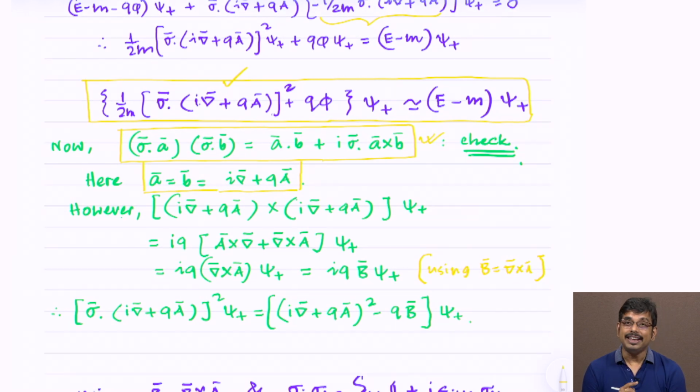Now, importantly here, usually whenever you have A equal to B, A cross B equals 0, but with A equal to B involving del and A, A cross B will not be equal to 0.